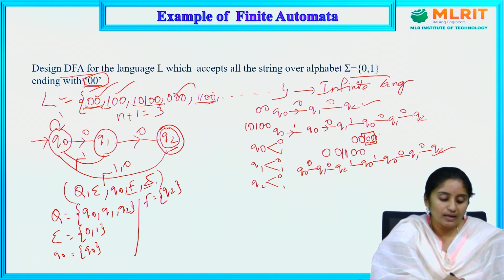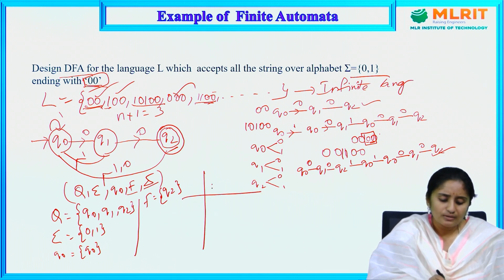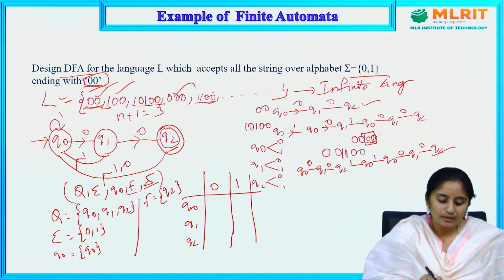Next we have the transition function delta. See here, 0, 1, and the states Q0, Q1, Q2. Q0 on 0, it is moving to Q1. Q0 on 1, it is moving to Q0. Q1 on 0, where is it going? Q2.